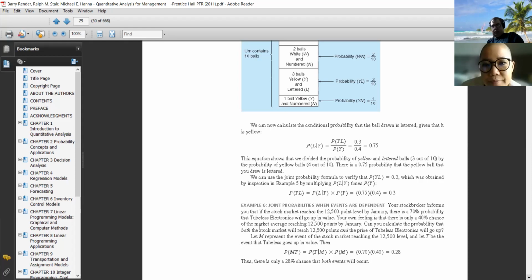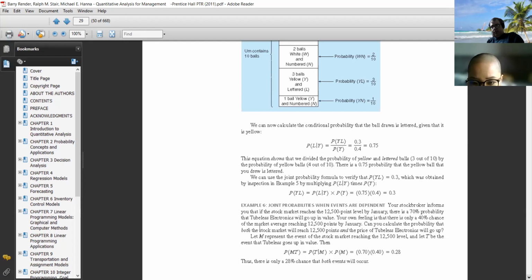Okay, can you read this question? Example 6. Your stockbroker informs you that if the stock market reaches the 12,500 point level by January, there is a 70% probability that Tubeless Electronics will go up in value.